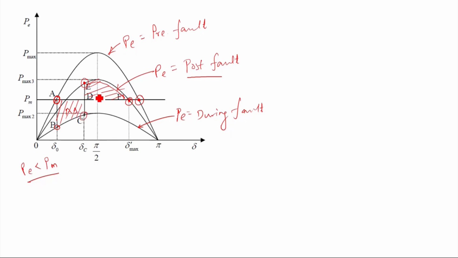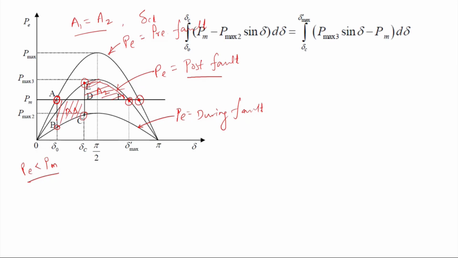Let us say this is area A1, this is area A2. So if we equate area A1 equal to A2, we'll find the critical clearing angle, delta CL, or you can say delta CR.